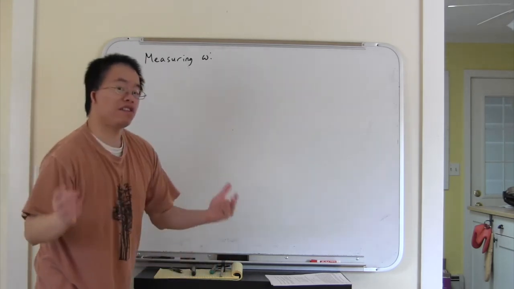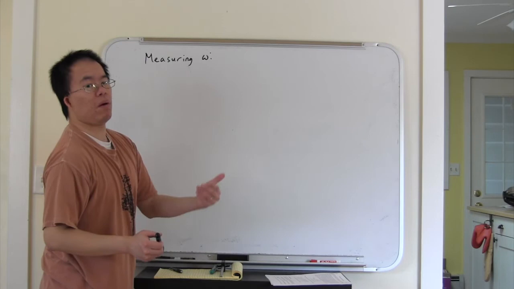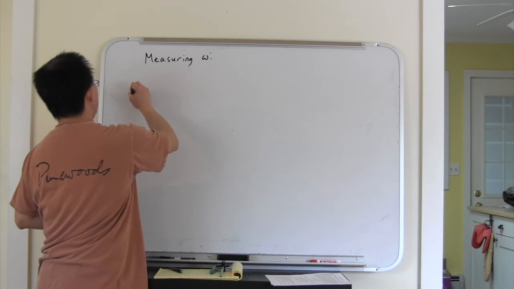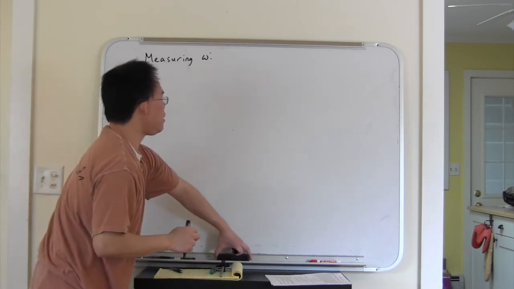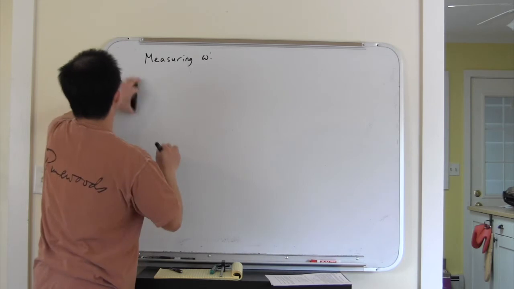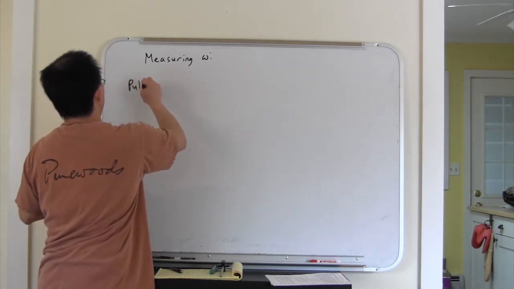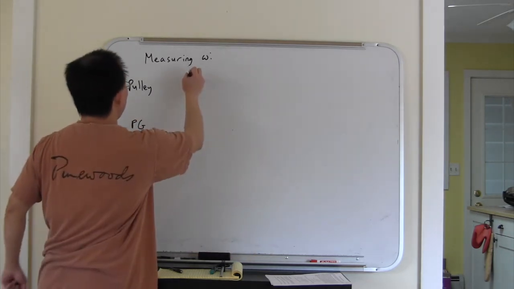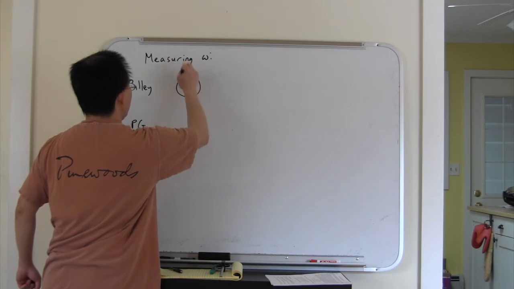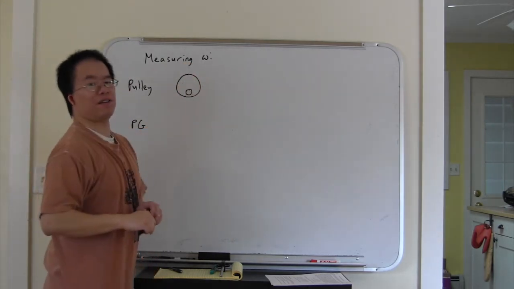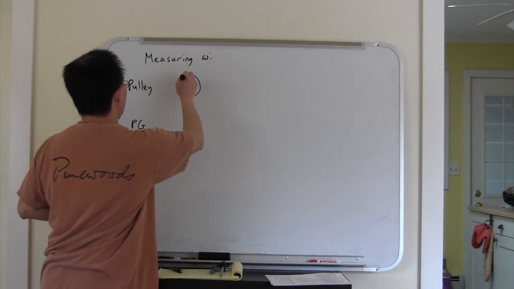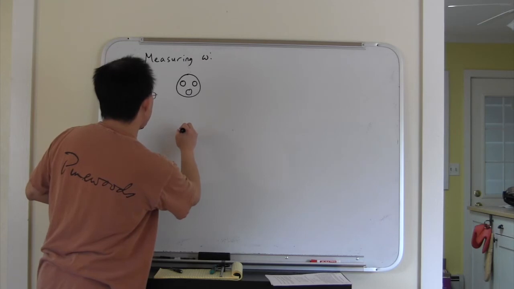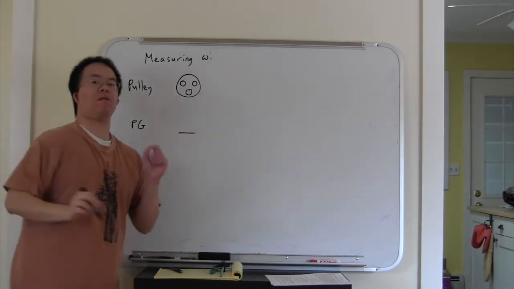If light's shining through the hole, then we know that the beam isn't blocked, and we know what the photo gate signal is. Let me draw the wheel. I'm going to assume that the photo gate is looking right at the bottom. I got kind of a smiley face there. And right now the photo gate signal is low.